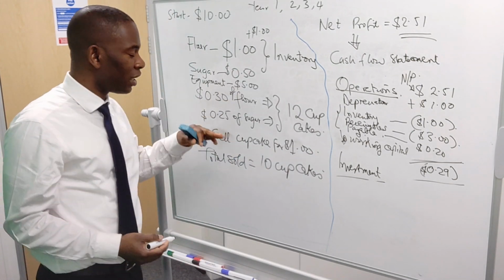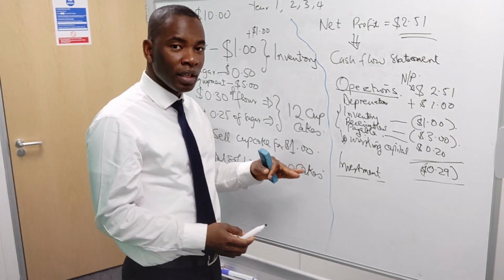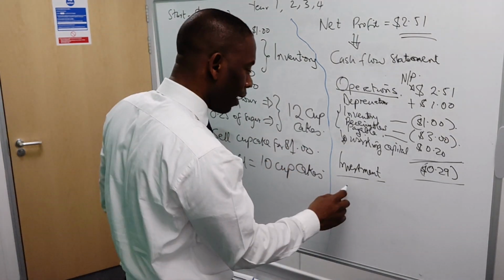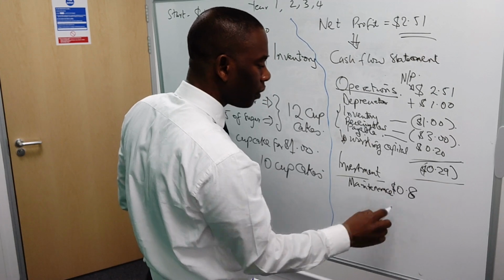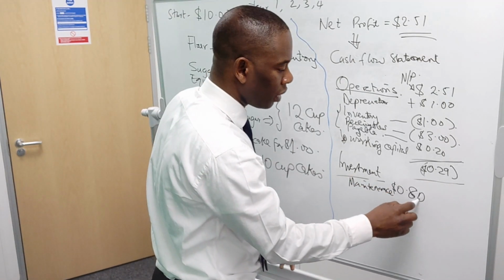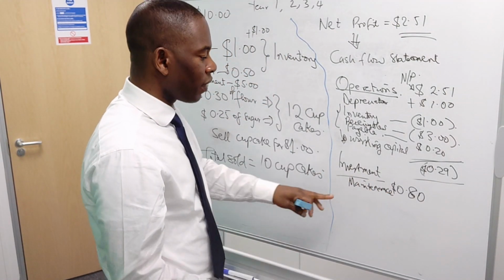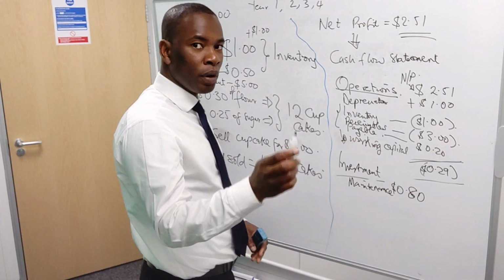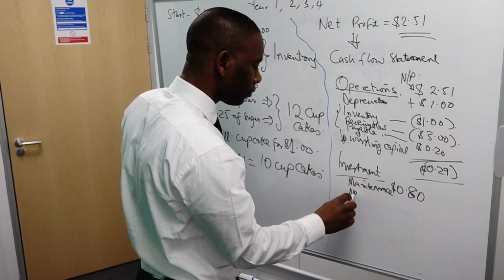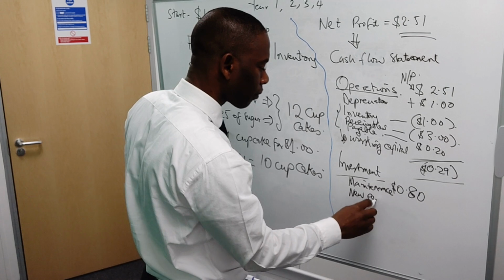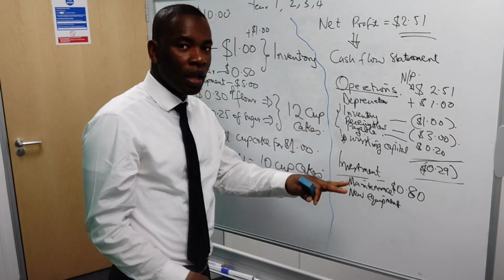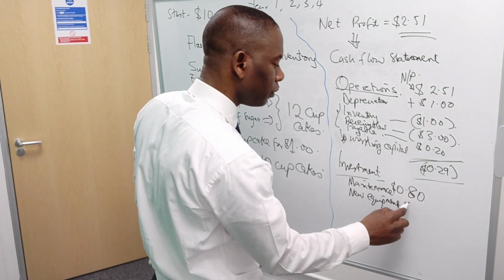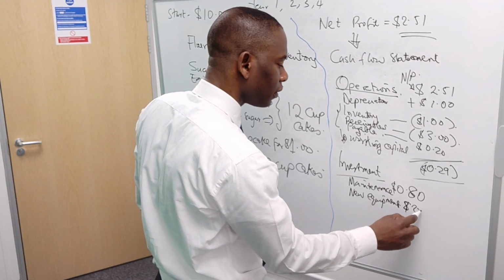So let's assume that under investment, you have maintenance 8 cents. Then you bought new equipment, another new equipment for $2.